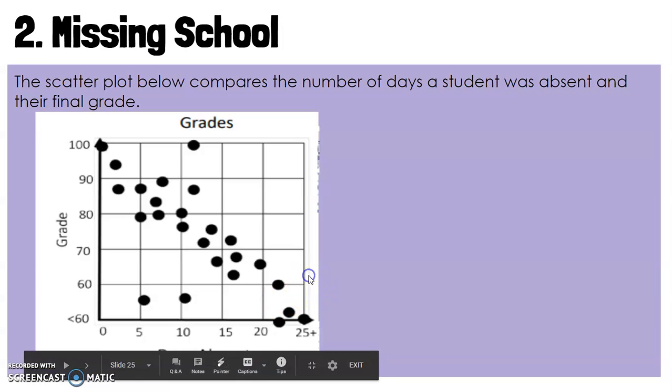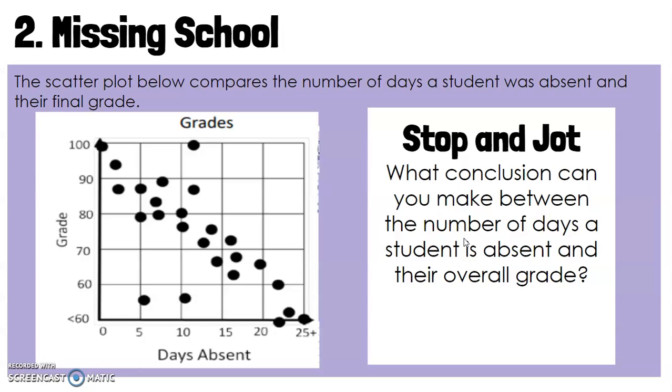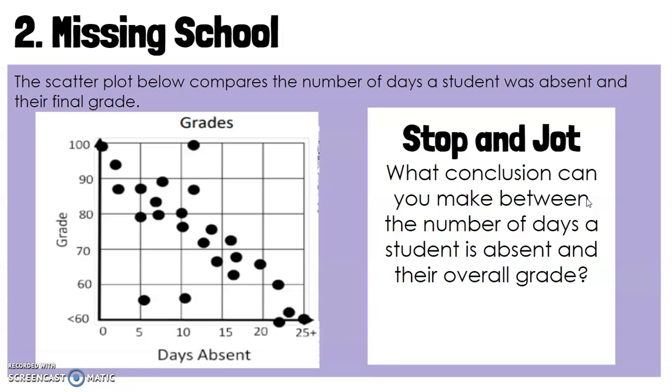So what does negative correlation actually mean? And that's going to answer our stop and jot. The stop and jots today are really asking what that correlation means. What does that tell us about the relationship between the two things we're comparing? So for this stop and jot, what conclusion can you make? Basically, what is the relationship between the number of days a student is absent and their overall grade?